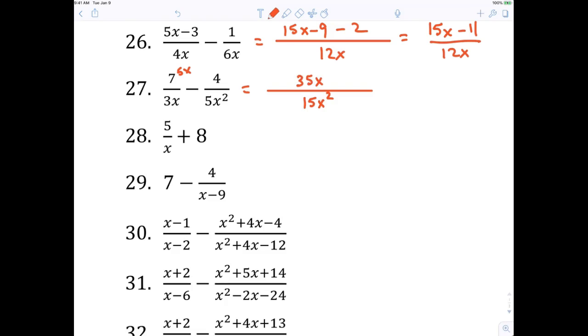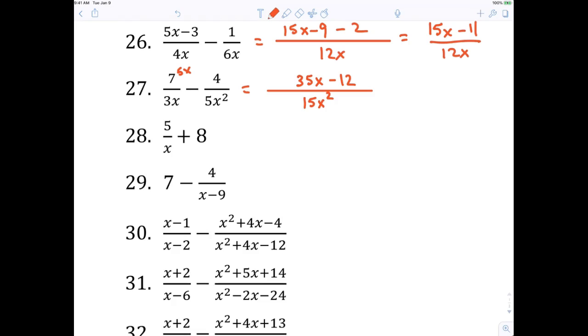And then what? And by 3. So minus. Yep. 35x minus 12 over 15x squared. Perfect. Any questions? Nothing can be reduced, correct? Yep. No, it's okay.